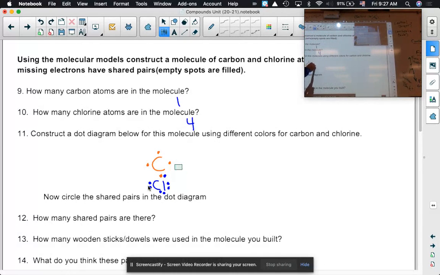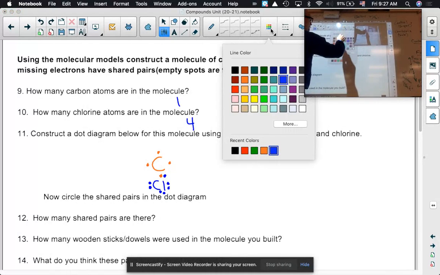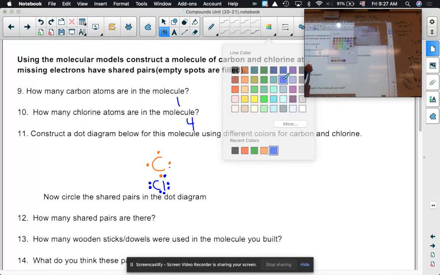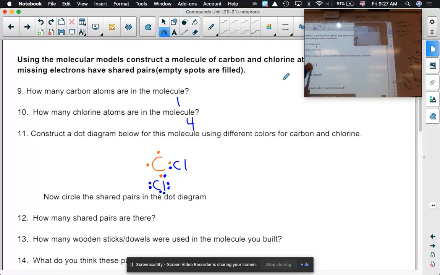So another one over here. Oh, I changed it to a pointer. What's happening here? So chlorine here with 1, 2, 3, 4, 5, 6, 7. Then another chlorine up top.